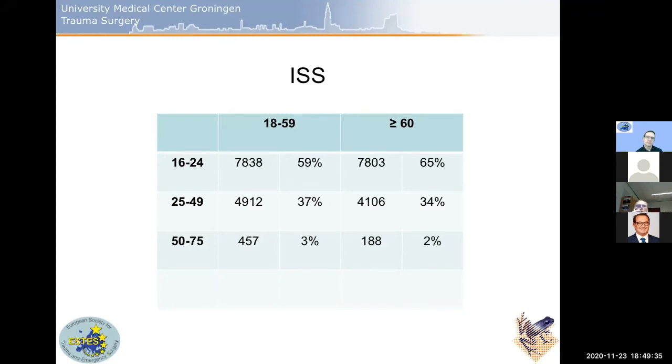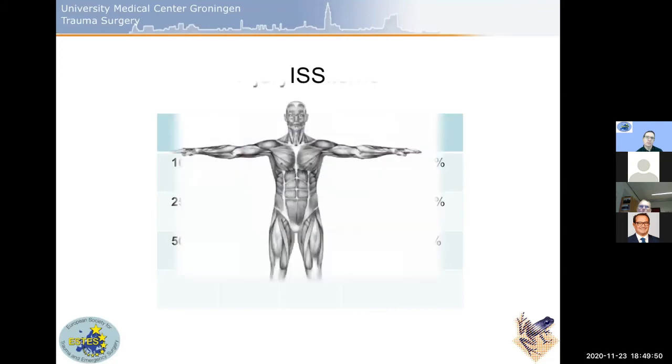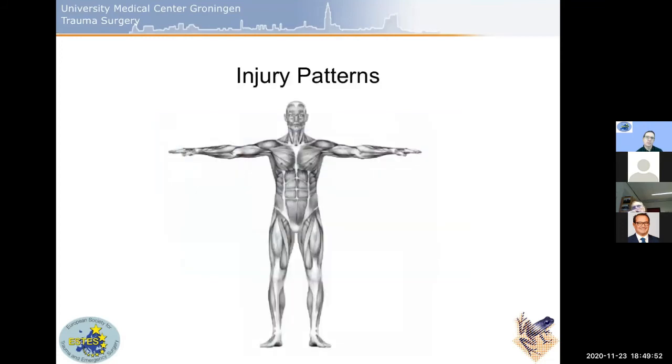And even if you look at the groups 16 to 24, or even higher, 25 to 49, or higher than 50, the differences are not so big, or there are only small differences. What about the injury patterns?